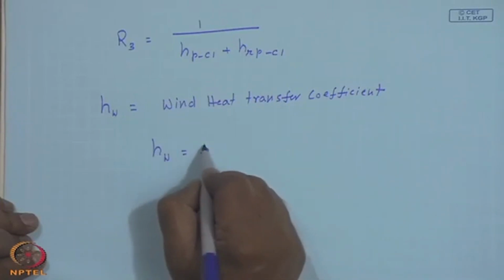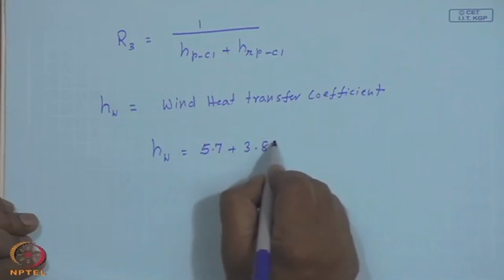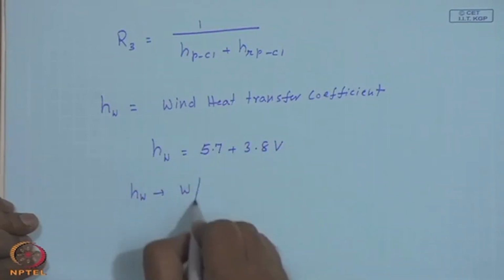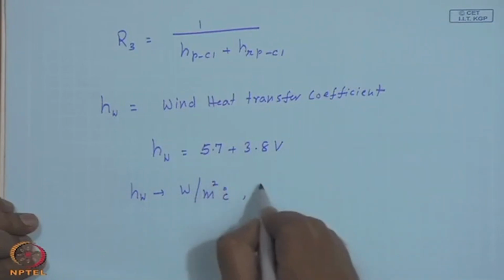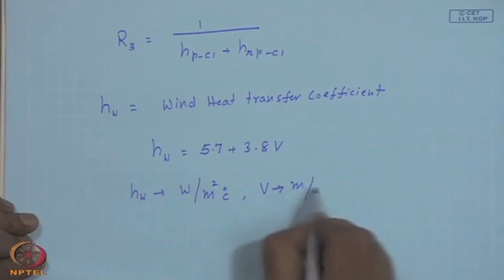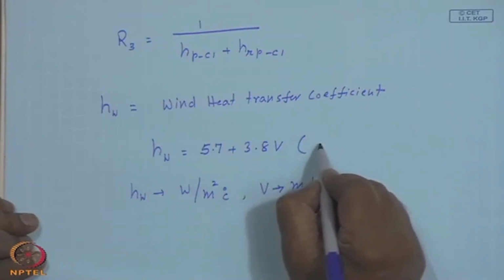H w is 5.7 plus 3.8 V, where H w is in watts per meter square degree C and V is the wind velocity in meters per second. This relation is due to McAdams.